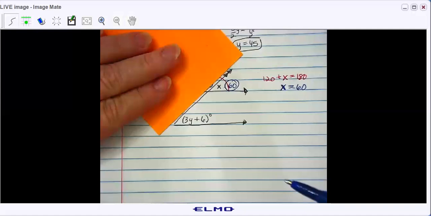Yes or no? So there's my two parallel lines. Are they in between the two parallel lines? Both of them?